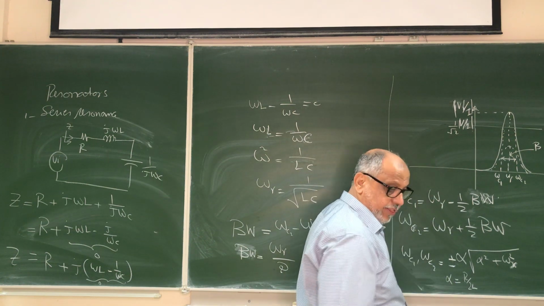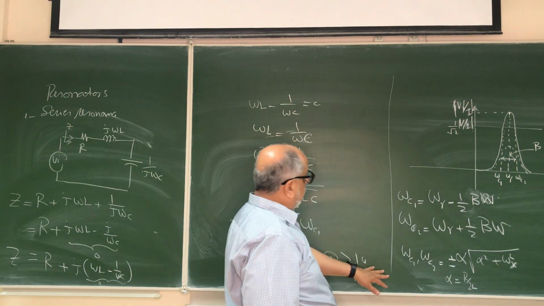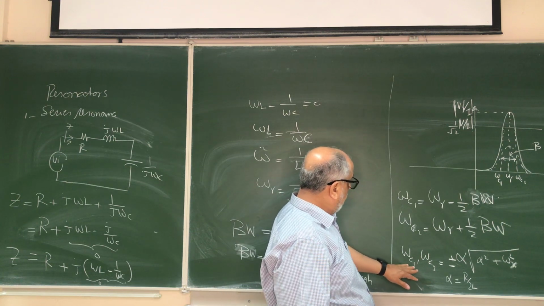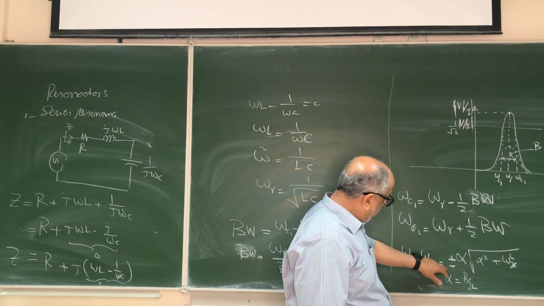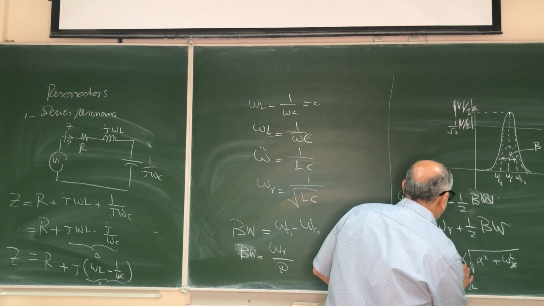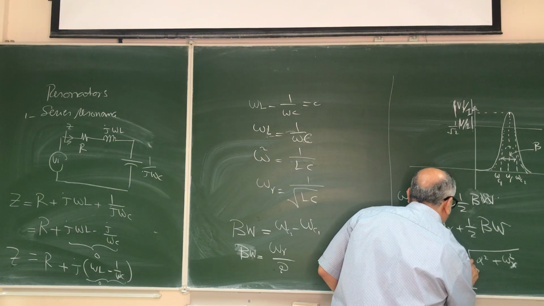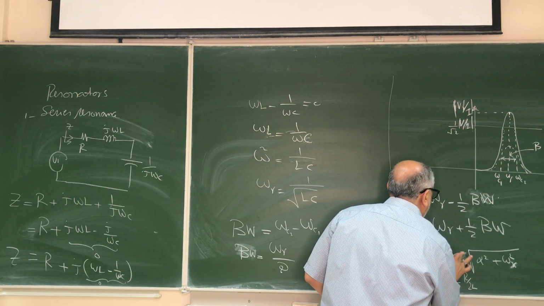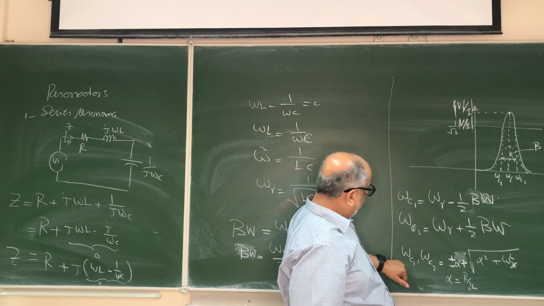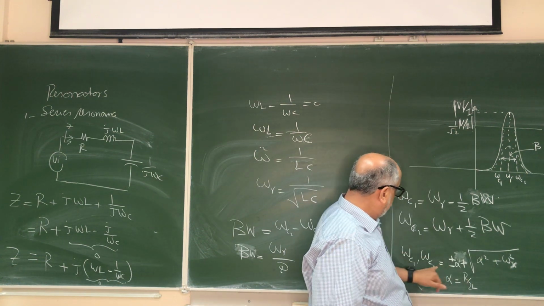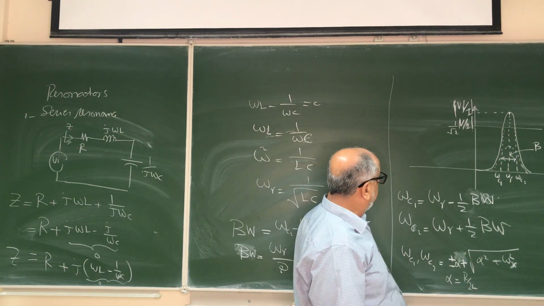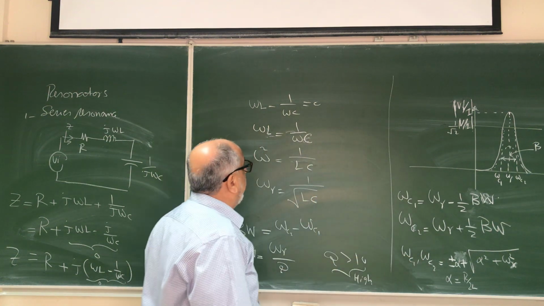So this is the other way to find omega C1 and omega C2. Omega C1 will take the minus sign, and omega C2 will take the plus sign.